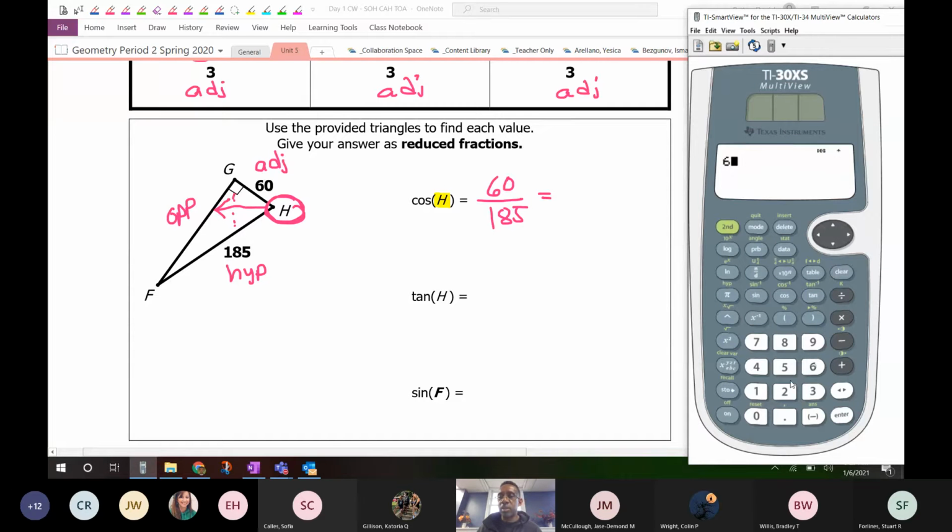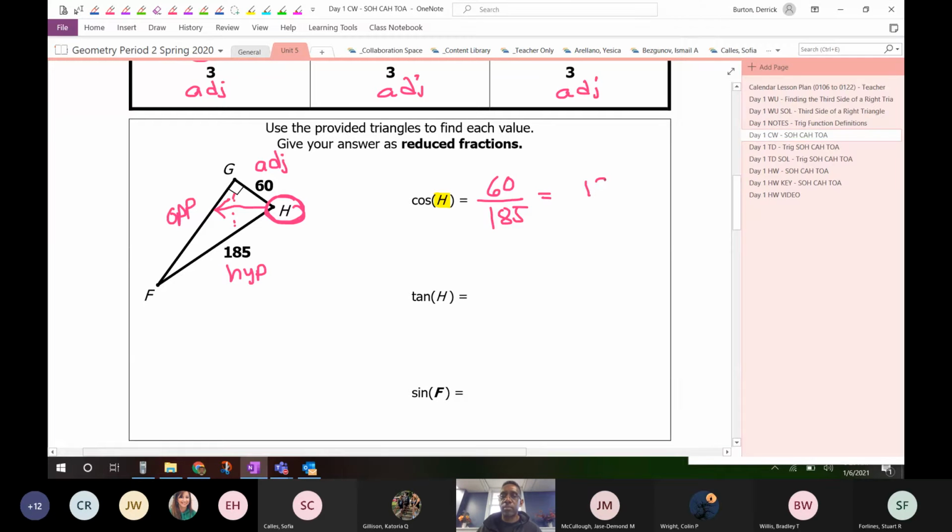If you do, you can go 60 and hit the fraction button, so you have 60 over 185. That's 12 over 37. So that is the value of the cosine of angle H.